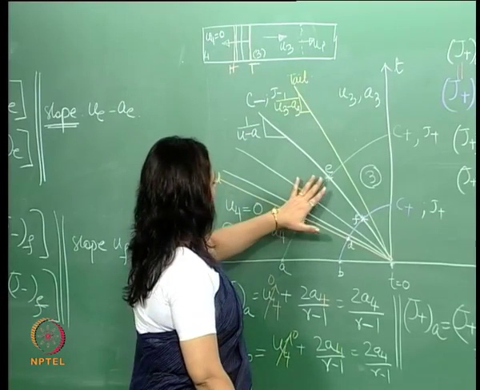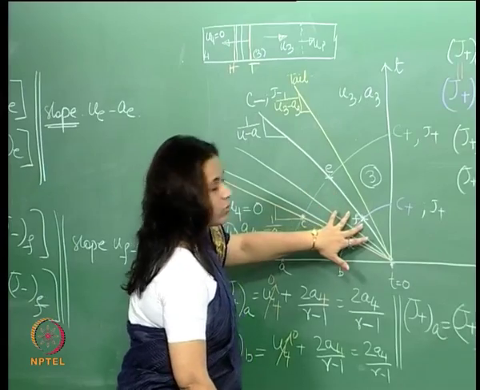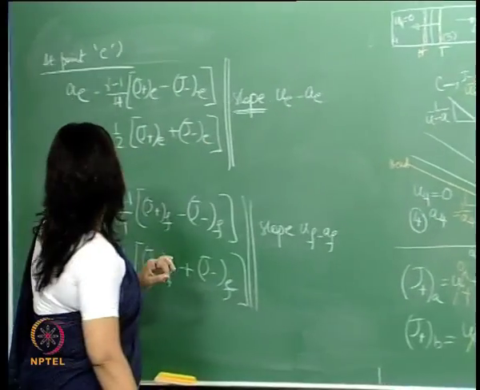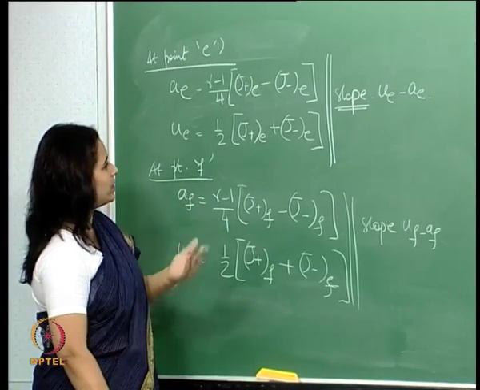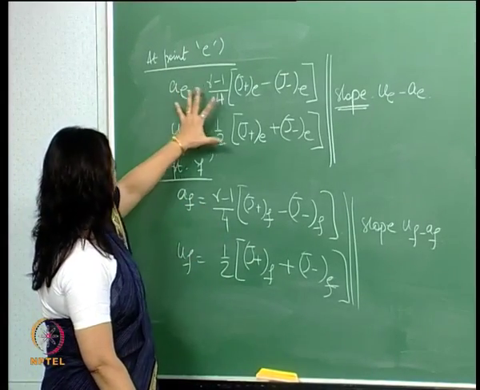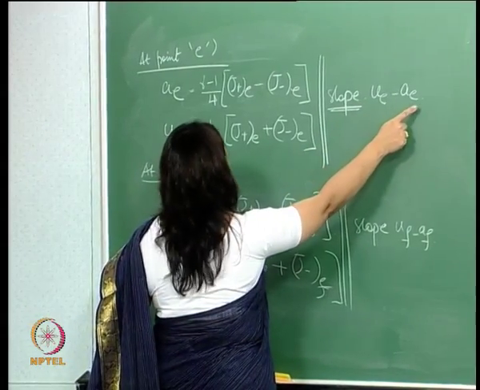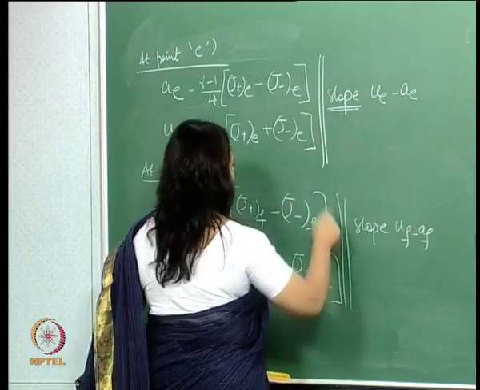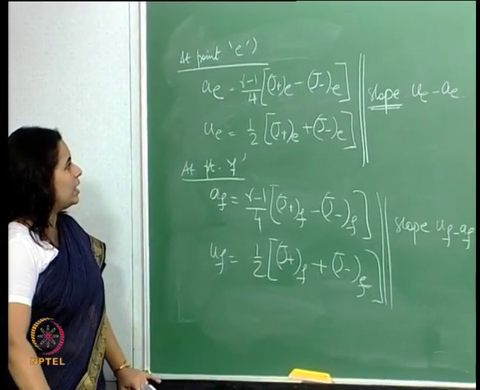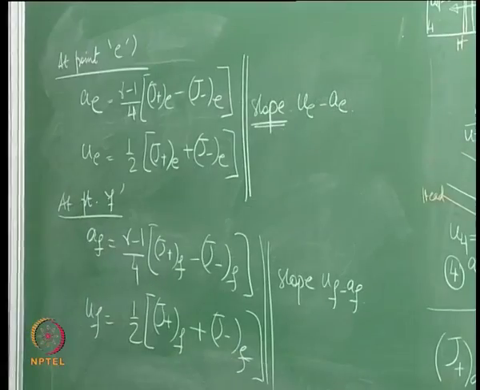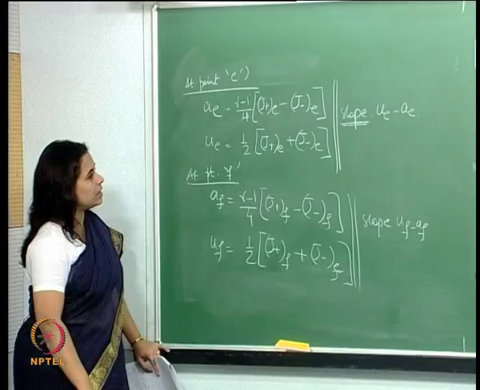What I am doing here is calculating the slope here and the slope here, using the information that we can get from the characteristics. So the slope is UE minus AE here, and the slope here is UF minus AF.